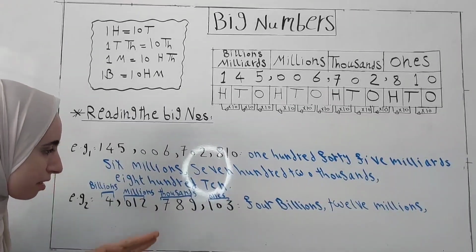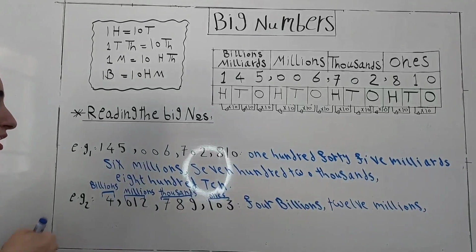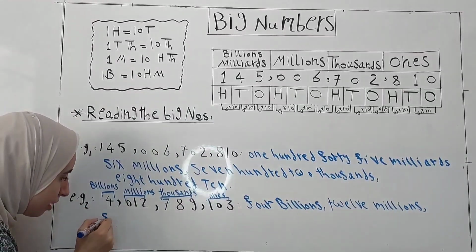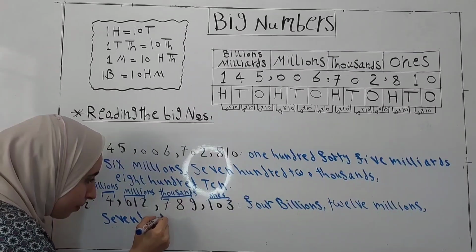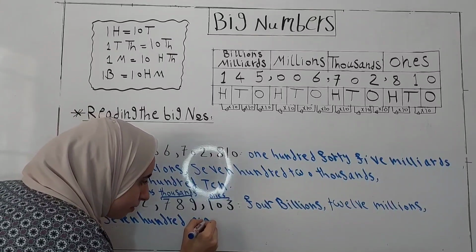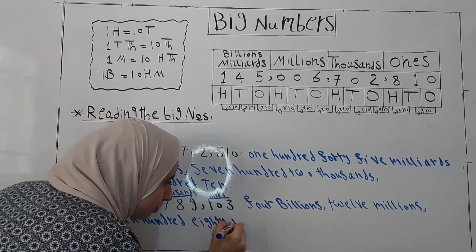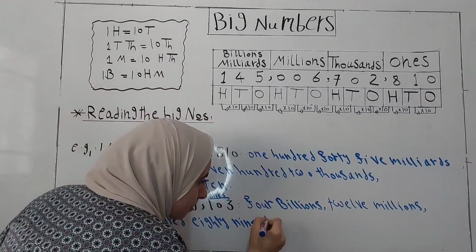We read this number 789. Its name is thousand. So we read it like that: 789 thousands.